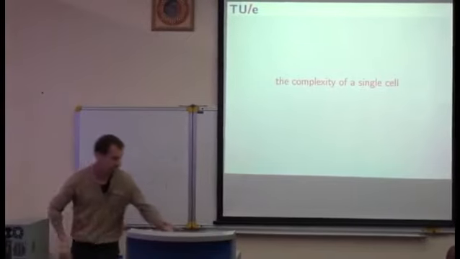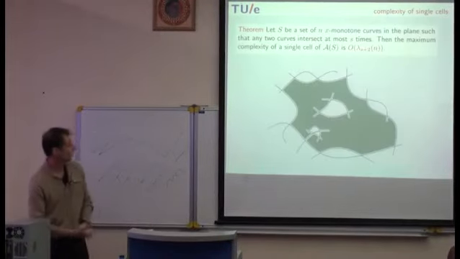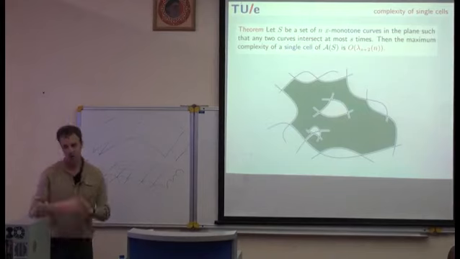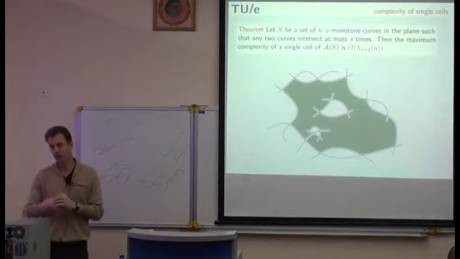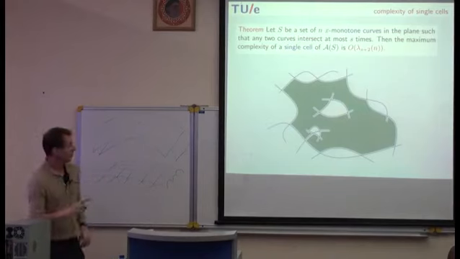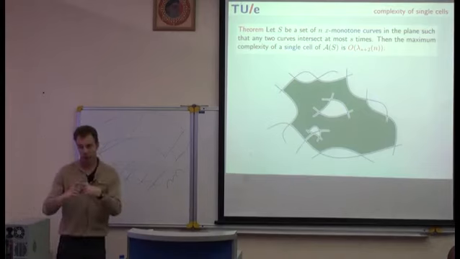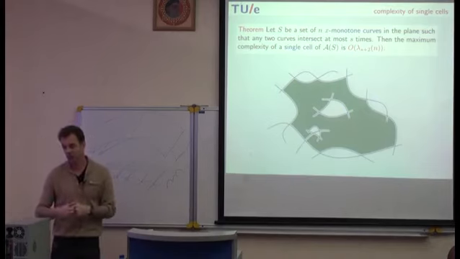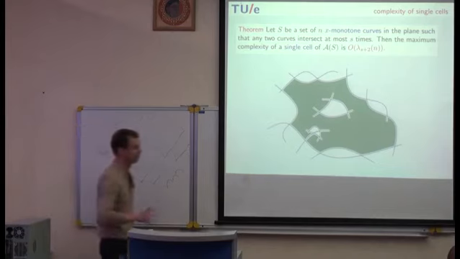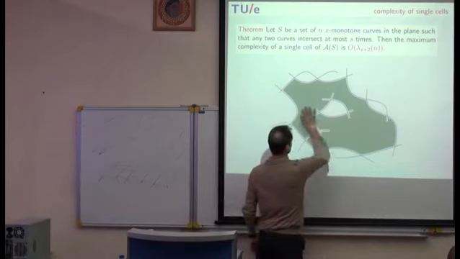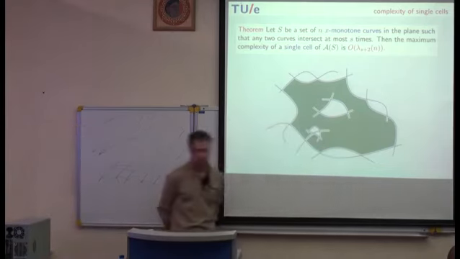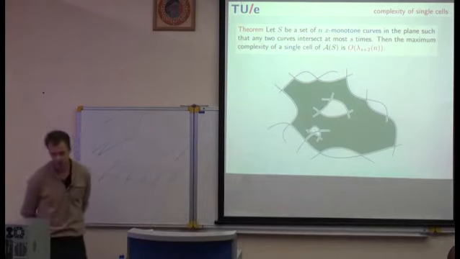Single cell. So this is actually a very nice proof, I think. So let's say we have a number of curves. Each pair of curves intersects at most s times, and I look at one cell, one face. So this here, for instance, and I wonder what is the complexity of this face.